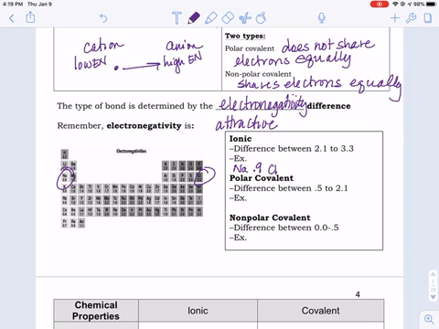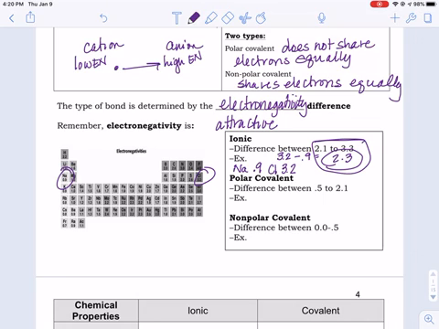Chlorine has an electronegativity of 3.2. I want to know the difference, so I'm going to subtract them, and I get a difference of 2.3. That is between 2.1 and 3.3 here, so that would be an ionic bond.